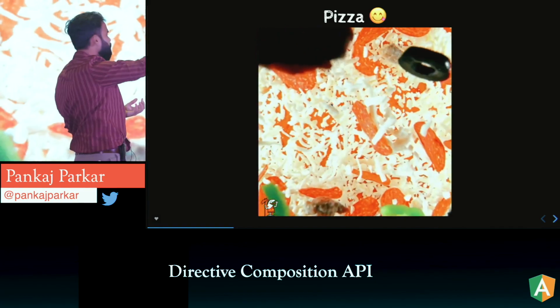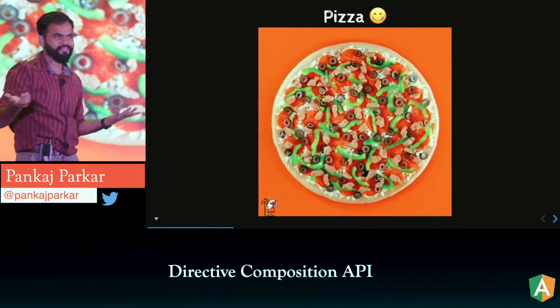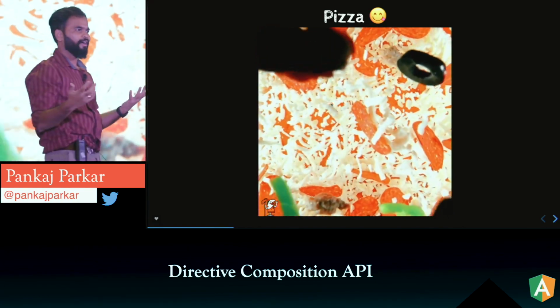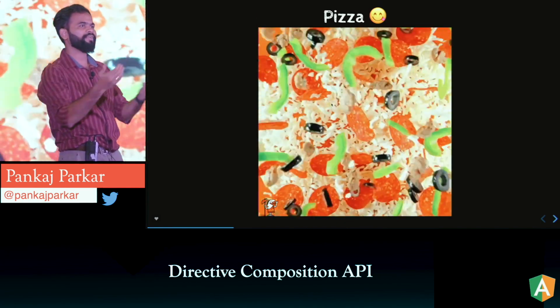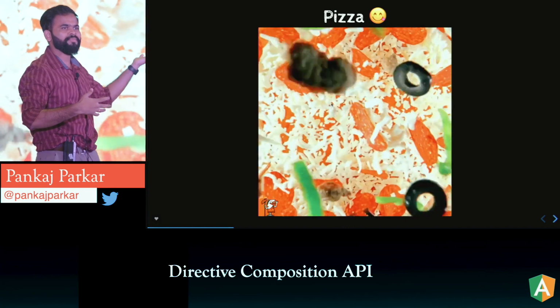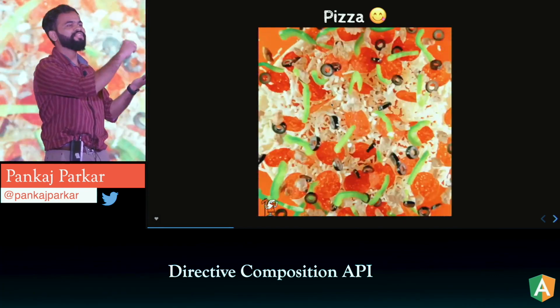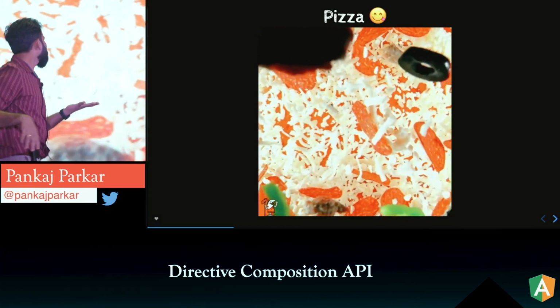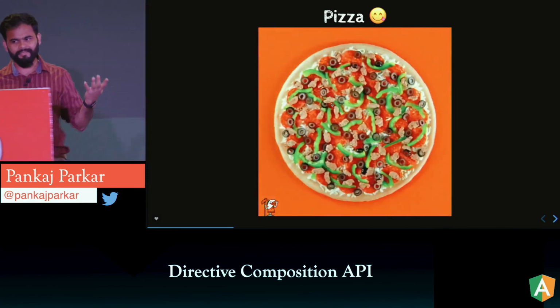You just sprinkle them on the pizza and it becomes good looking, and we also add taste to it. In the same way, we have a page which is the pizza base and we add features on top of it. That's the pizza concept I tried to relate.